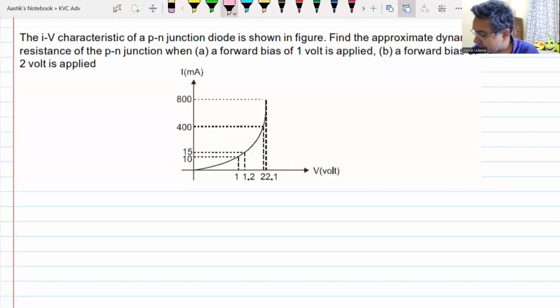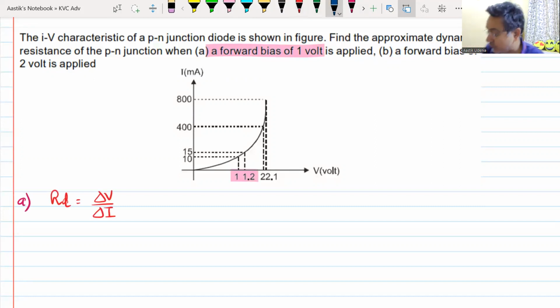So when we have to find it out for the first case, case A, the voltage is 1 volt, so you have to change the voltage. Remember, the dynamic resistance in all these cases is change in voltage divided by change in current. So at 1 volt of forward bias, you are going to change the voltage.